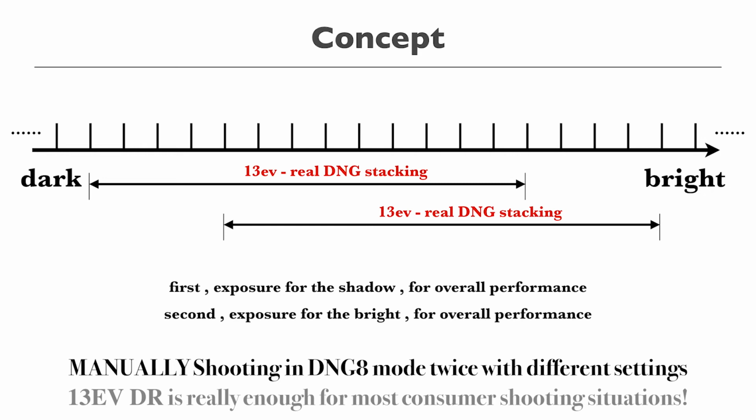Technically speaking, it is okay, but with two shots, you can see in this situation we have 1, 2, 3, 4. With 4 EV as a step, we already have a result that is good enough. So manually shooting DNG8 mode twice with different settings will give you the best possible result from these tiny little cameras.